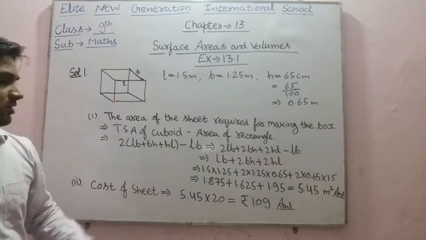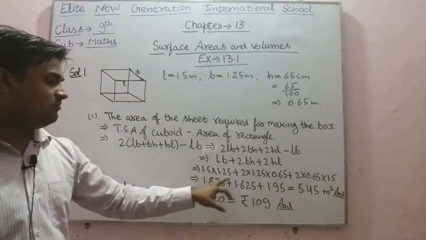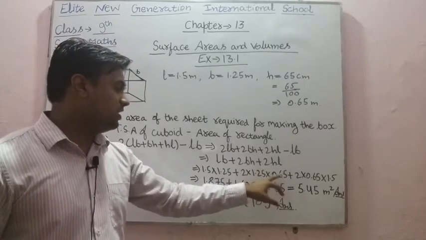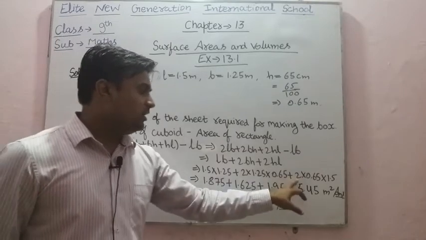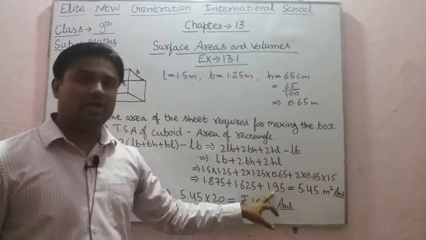Now solving it, 1.5 into 1.25 will be 1.875, then plus 2 into 1.25 into 0.65 will be 1.625, then plus 2 into 0.65 into 1.5 will be 1.95.